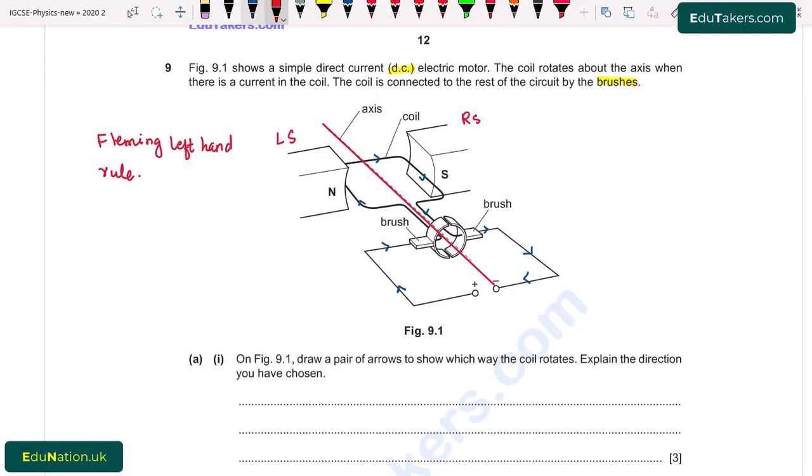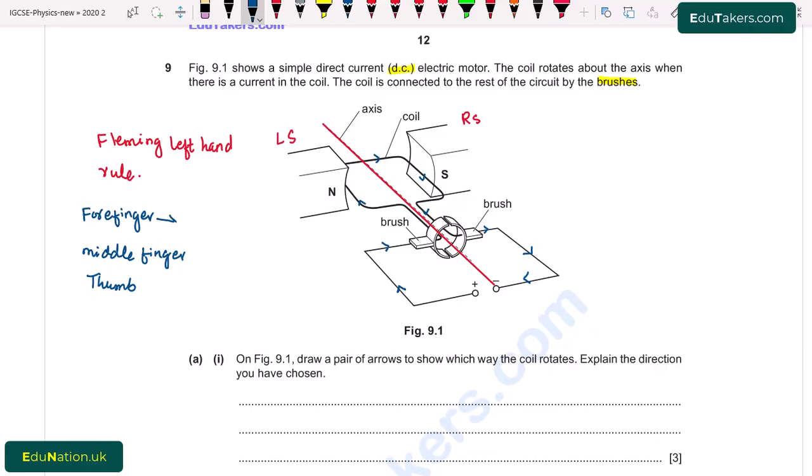According to this rule, if I consider my left hand, its forefinger, middle finger and thumb, I set them in such a way that they are all perpendicular to each other.